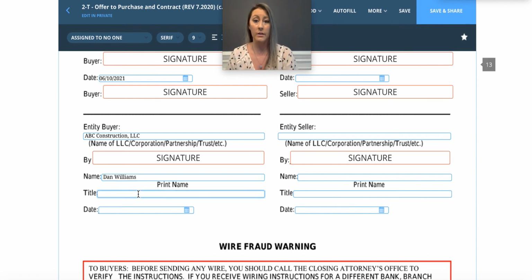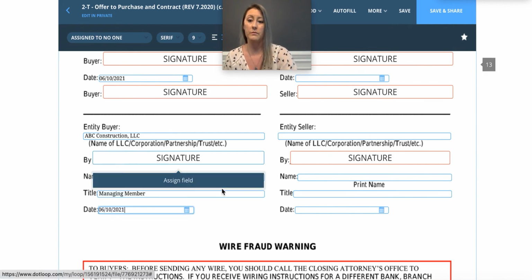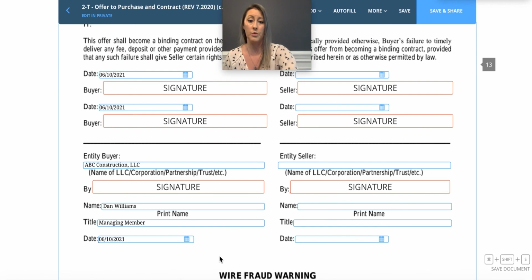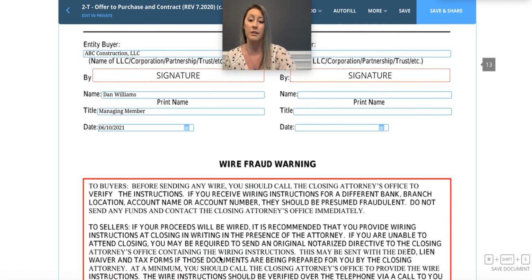And what's his title? Is he the president, the CEO? Is he a managing member of the LLC? You need his title. Then a number, and of course, the date. But again, this is only if a business is buying this property that you would fill that out.